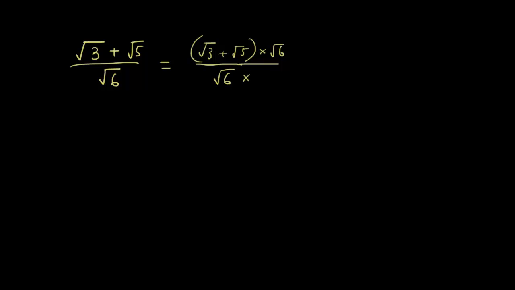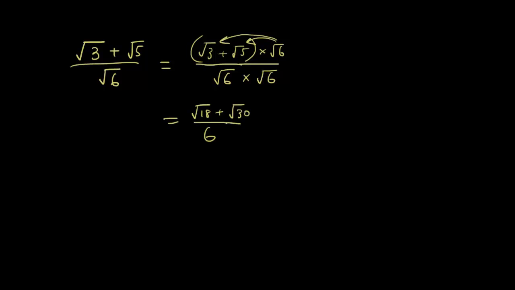The bottom will just become 6, and the top we will have to expand using the distributive law. So I have square root of 18, since 6 times 3 is 18, plus square root of 30.